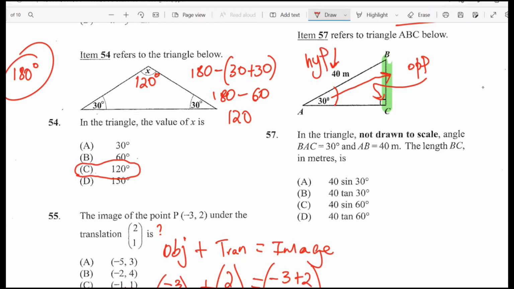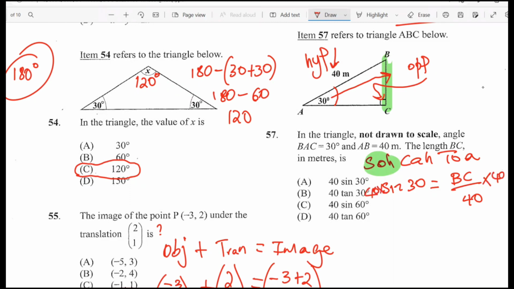Remember the little phrase we use, SOH CAH TOA, and we're dealing with opposite and hypotenuse. So then the sine of 30 degrees is equal to BC divided by 40. And if we want to find BC, multiply by 40. So 40 sine 30 is BC. We're looking for that. And the answer is A.